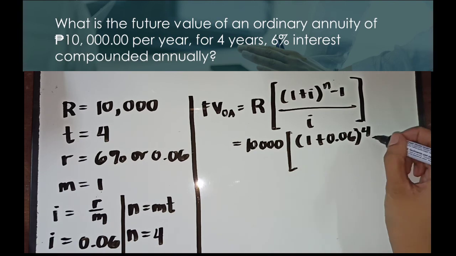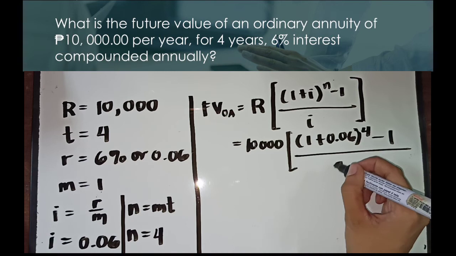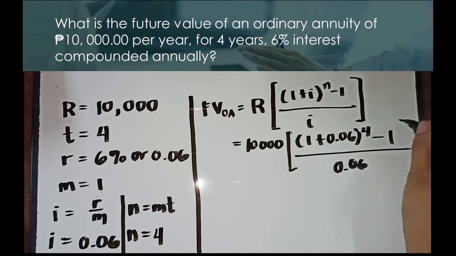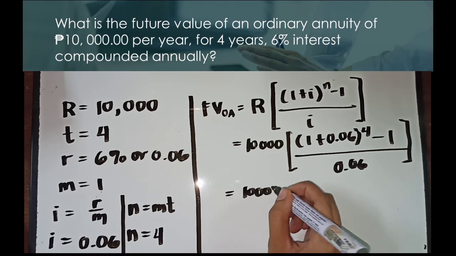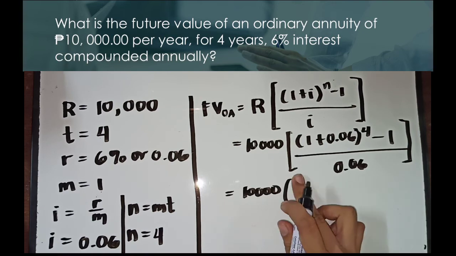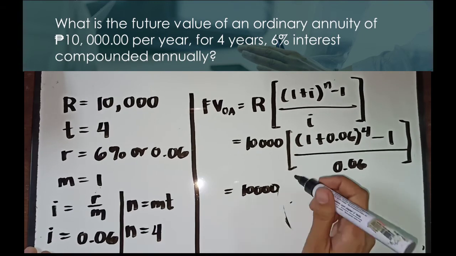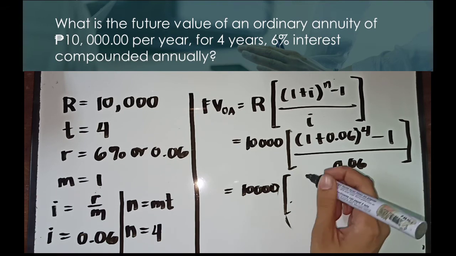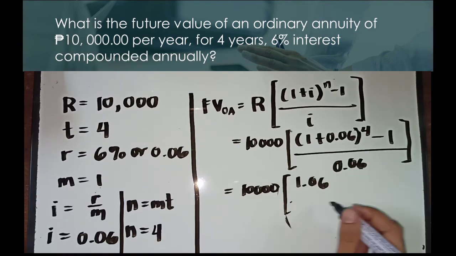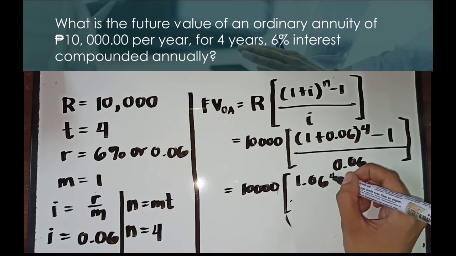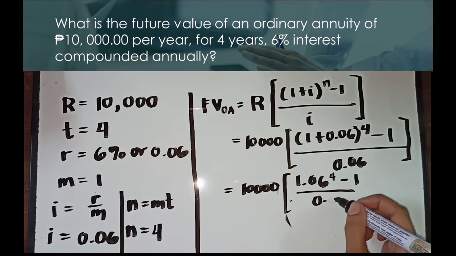Okay, so raised to 4 minus 1 over I, which is 0.06. Okay, so next, that is equal to 10,000 multiply by 1.06. 1 plus 0.06 is 1.06 raised to 4, then minus 1 over 0.06.